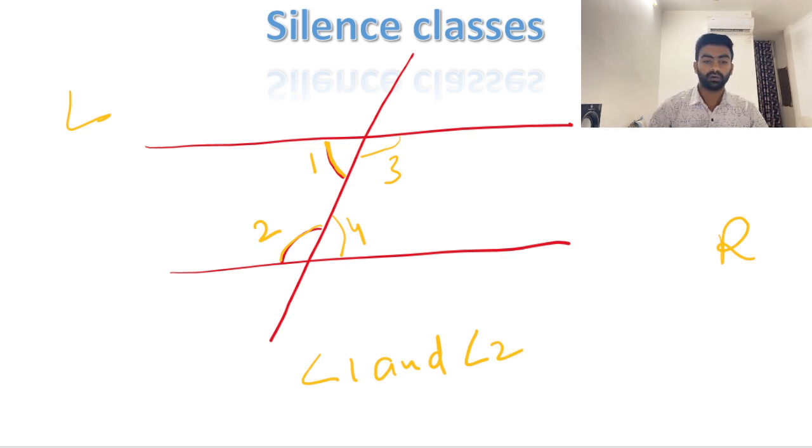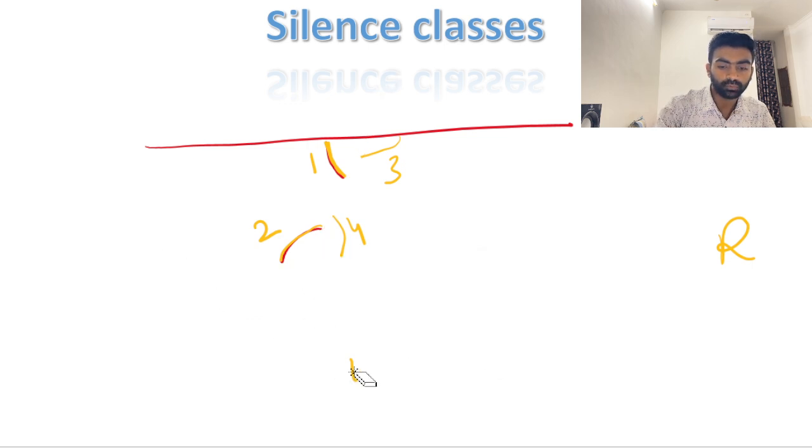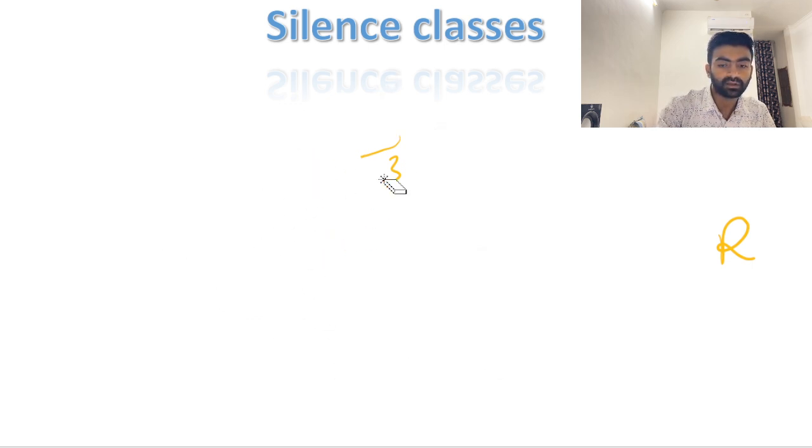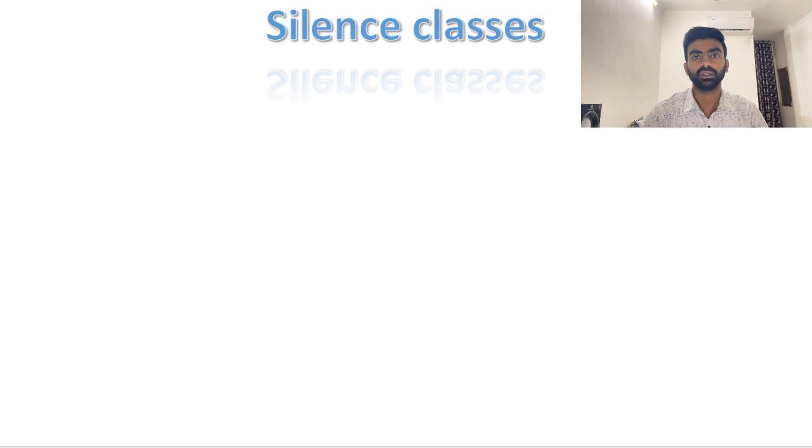Now I'll teach you which angles are equal, because to solve the question we have to know the name of these particular angles, but also what sort of property they have.